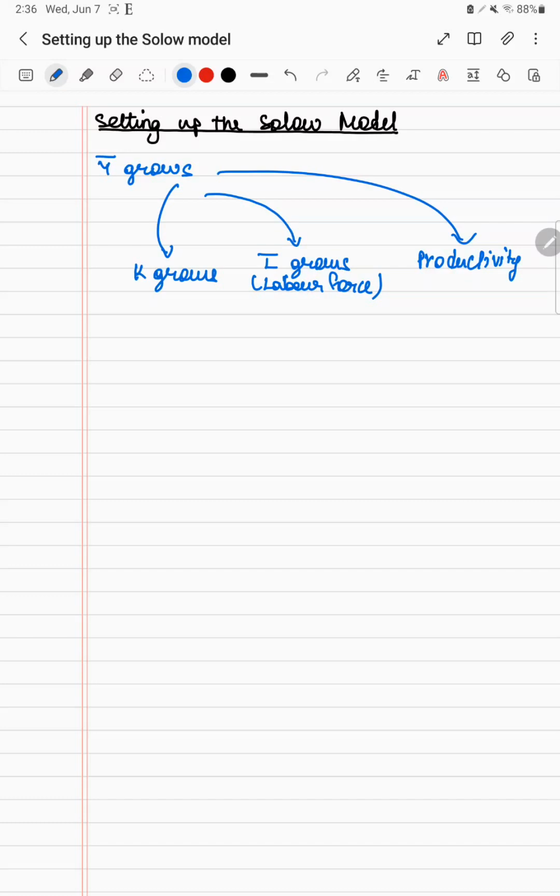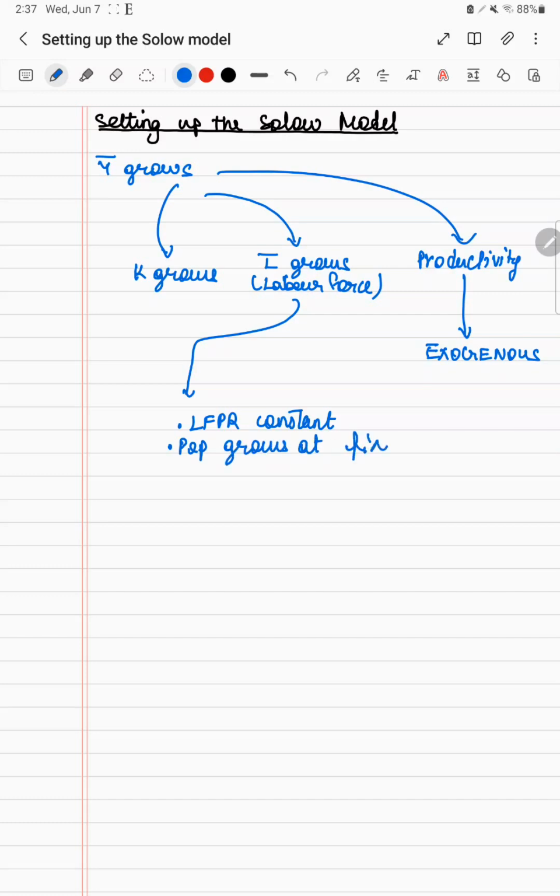Now, in the Solow model, how are these three things treated? Productivity growth is exogenous. It just happens. You don't know how it happens. In later models, this was endogenized. This is in fact a weakness of the Solow model, but it is exogenous in the Solow model itself. How does L bar grow? So, labor force participation rate is constant, right? But population grows at a fixed rate, right?